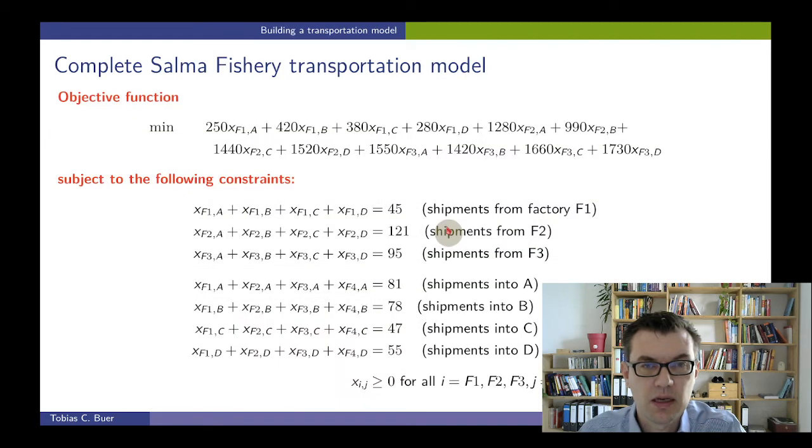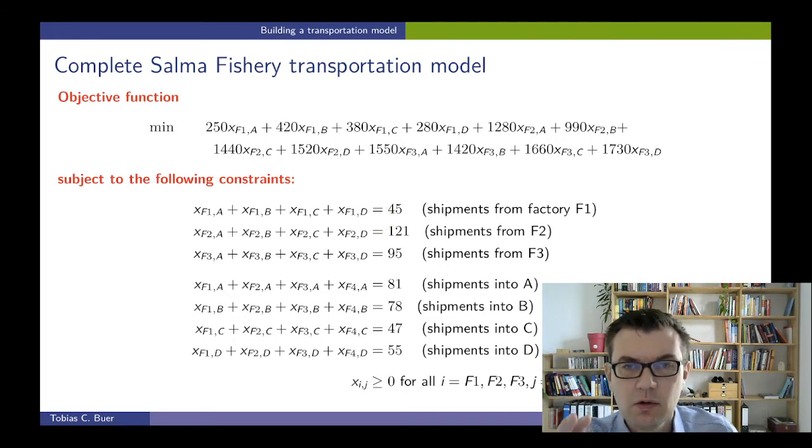Let's have a look at the mathematical model from the last session. So we can leave these four constraints unchanged in this situation, but we need to replace the three equal signs by smaller or equal signs, because in total we cannot guarantee that the total supply at the factories is transported to all the warehouses, because the supply is bigger than the demand from the warehouses.